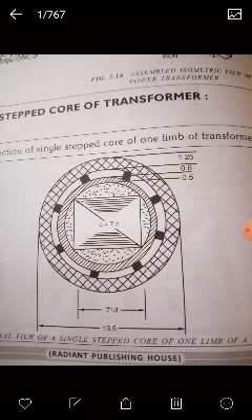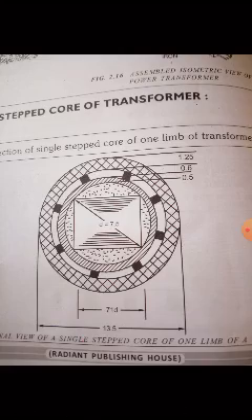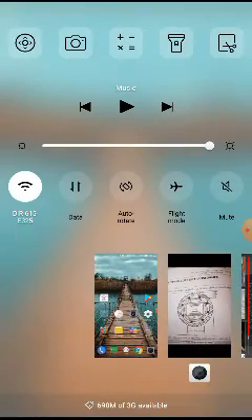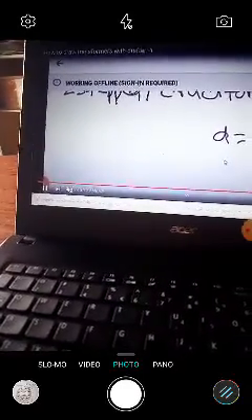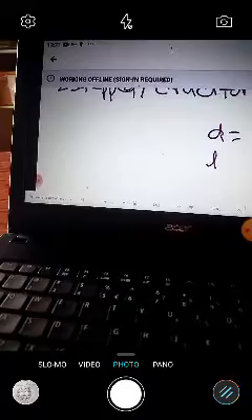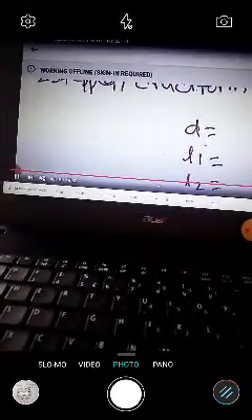Now for the second step, how are we going to do it for a two-step transformer? Again, I'll take the dimension in centimeters and lengths L1 and L2. Why? Because we have two steps, right? We have to draw two steps.